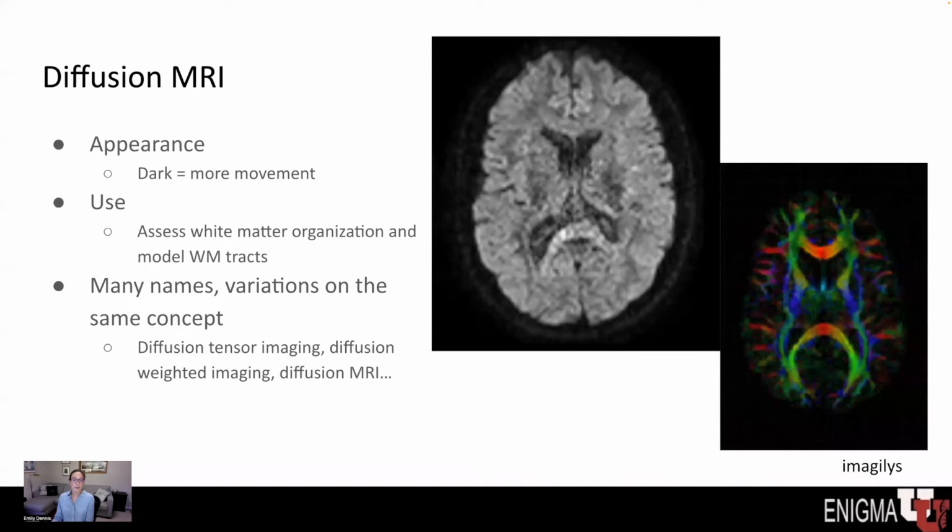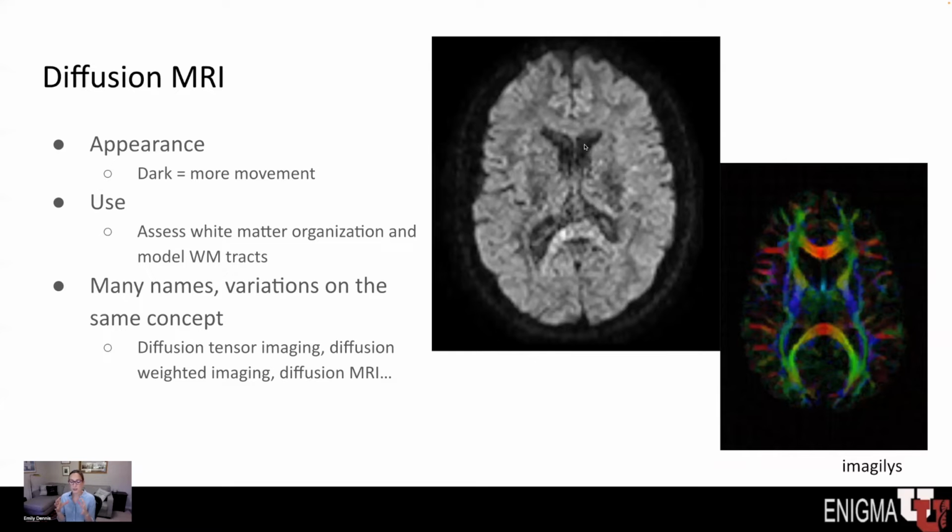Diffusion MRI. Diffusion MRI is a little bit different from these last two in that it's mapping the movement of water in the brain. And we're taking multiple pictures, but from different angles. When you're looking at a picture, if it's dark, that means that there's more movement in that area.